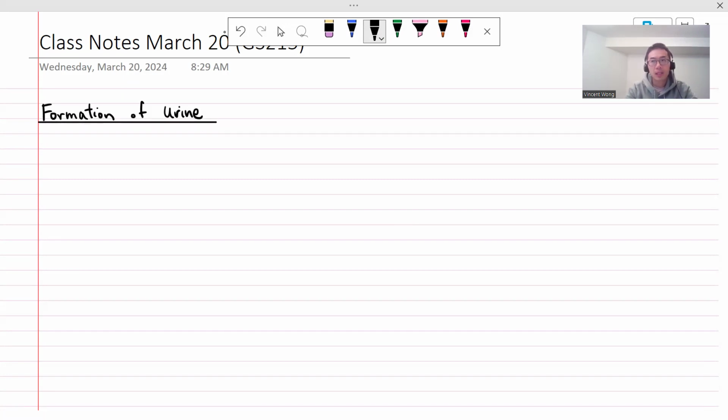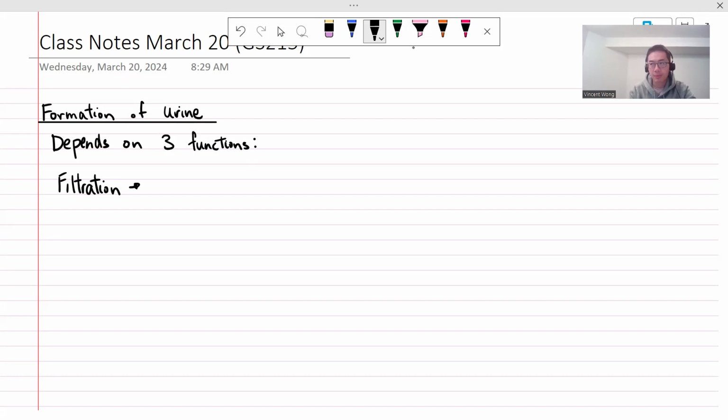So the urine formation process depends on three functions, and these are all happening in the nephron. The first function is called filtration. These are in the PowerPoints as well, but I'm just going to give you a condensed version of it.